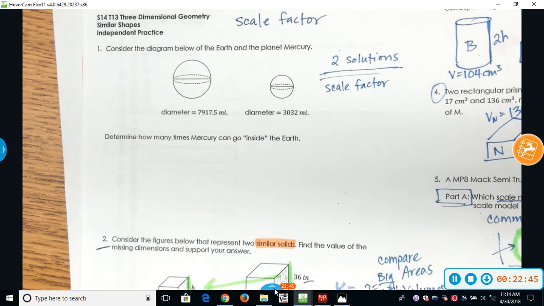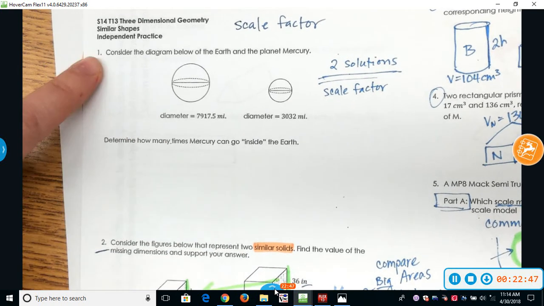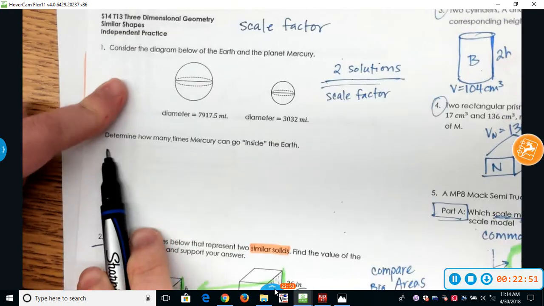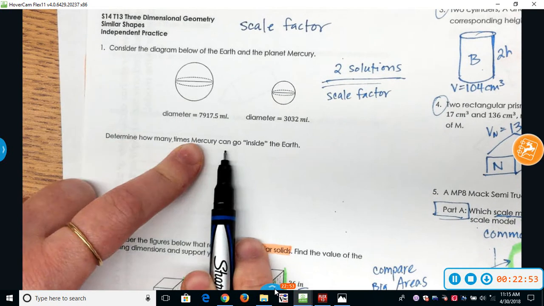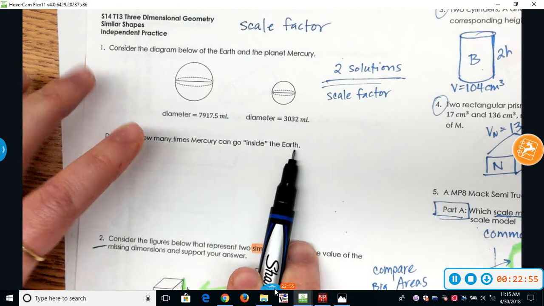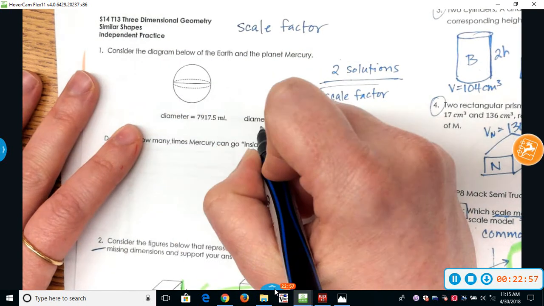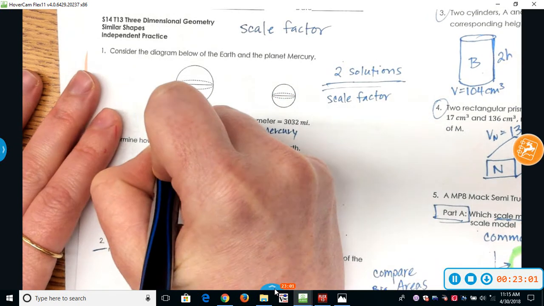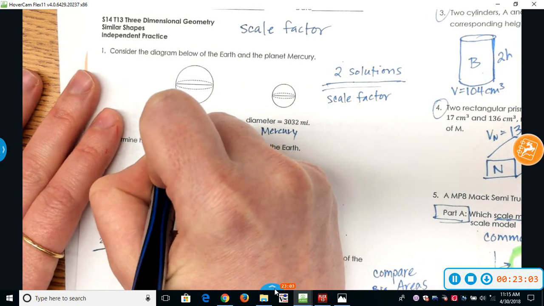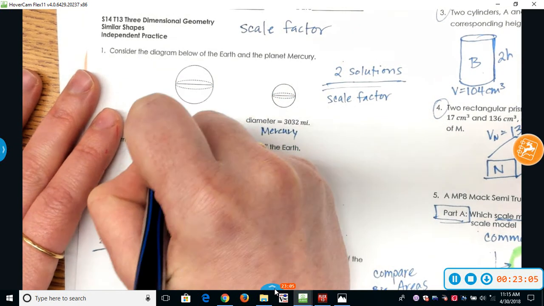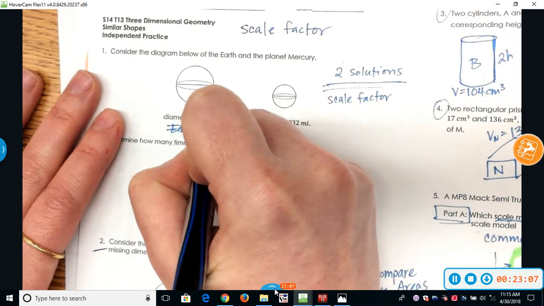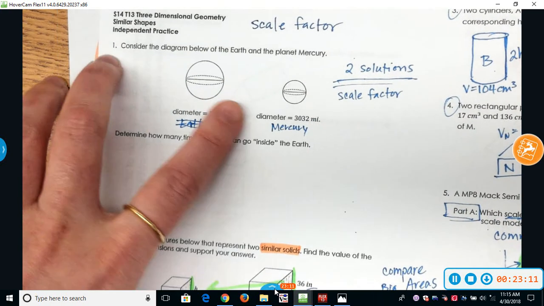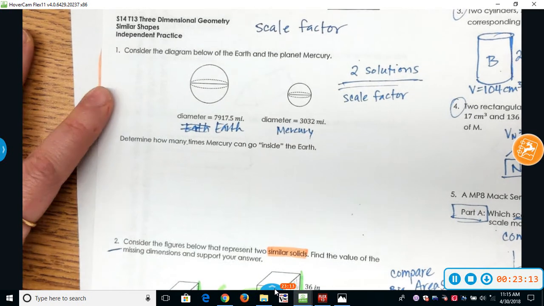So what they want you to say, you have these 2 diagrams, you have Earth and you have Mercury. They say, how many times will Mercury go inside the Earth? So that means Mercury is the smaller one, and Earth is the bigger one. So how many times will that one go in that one?